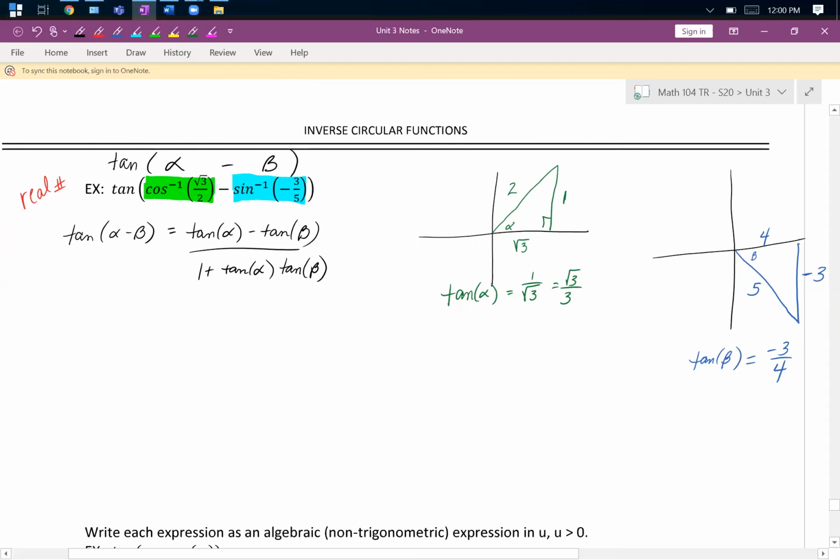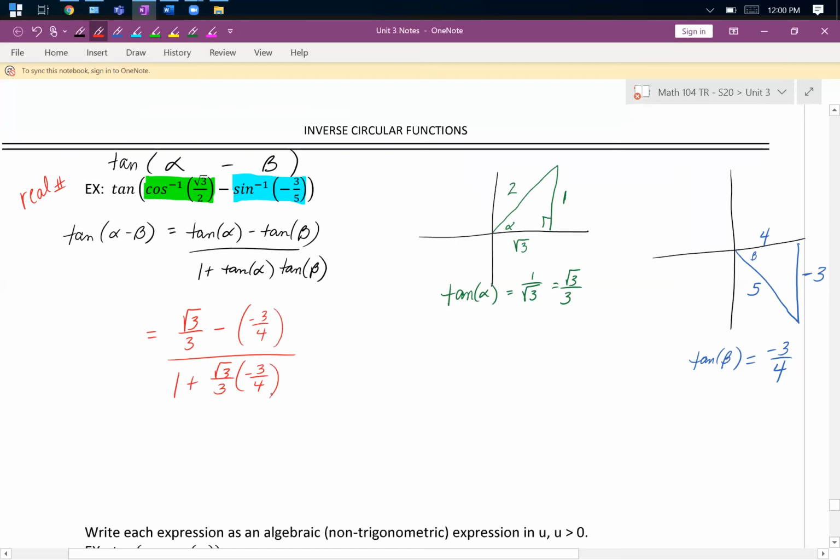All right, now that we got them, we just plug them right into our formula. So that's going to be square root of 3 over 3 minus a negative 3/4 over 1 plus square root of 3 over 3 times a negative 3/4.